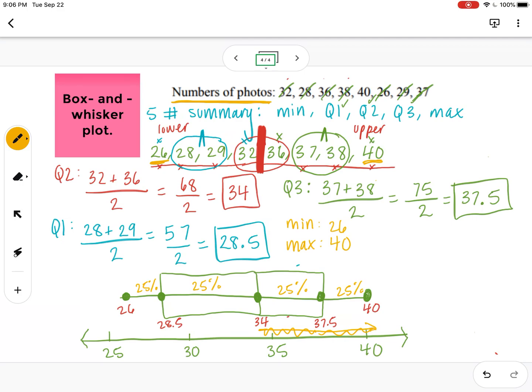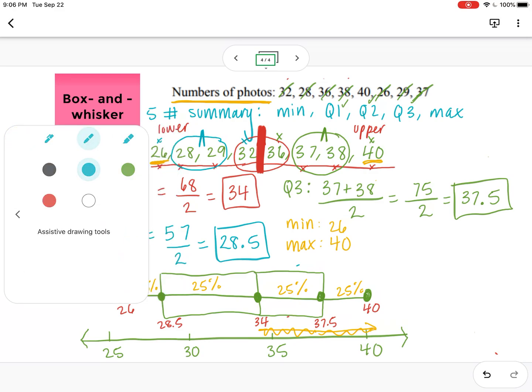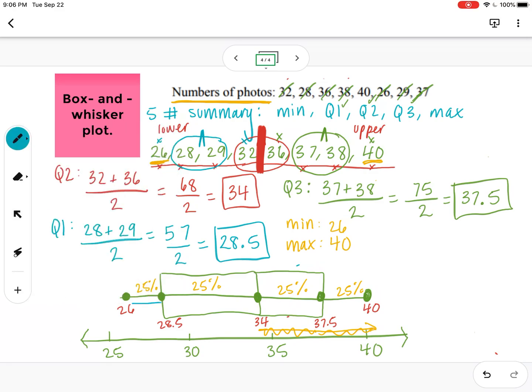Let's say you were asked a question about variation. If it said, is there a larger variation below 28.5 or below quartile 1 or above quartile 3, above 37.5? In that case, you would look at both of your whiskers and you would try to find out which side was longer.